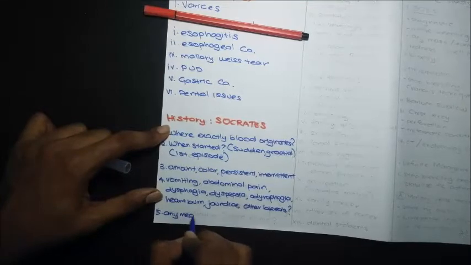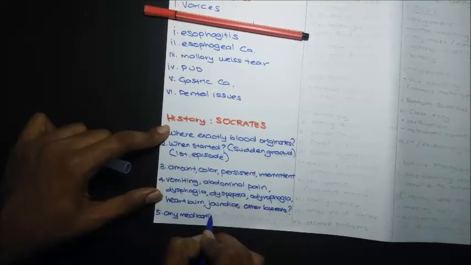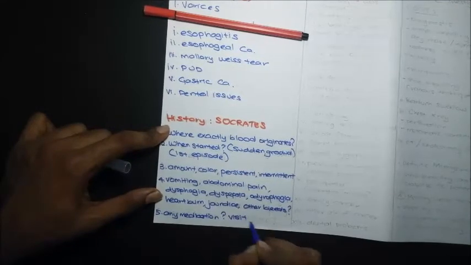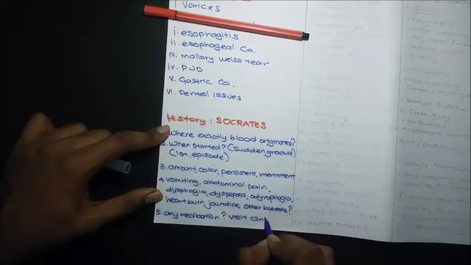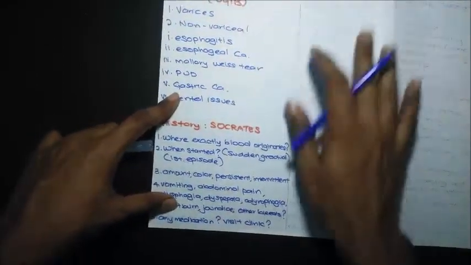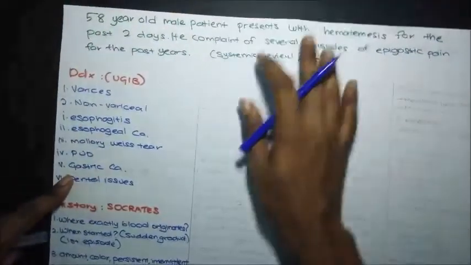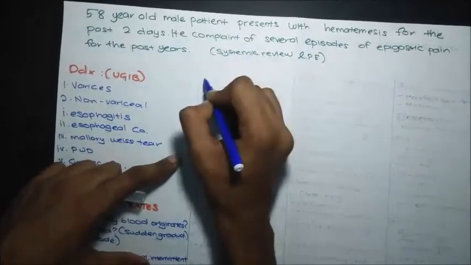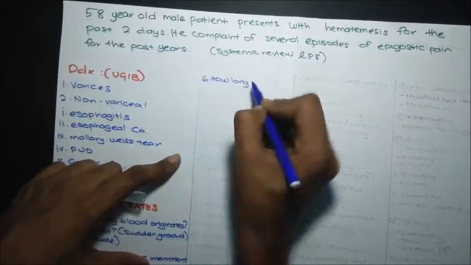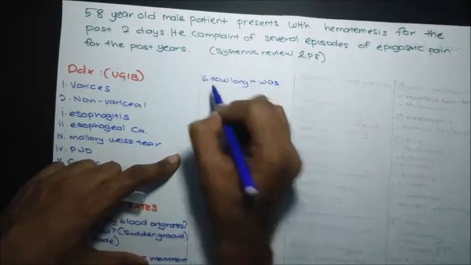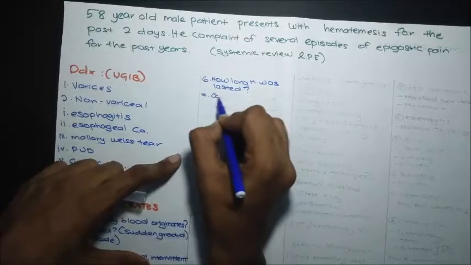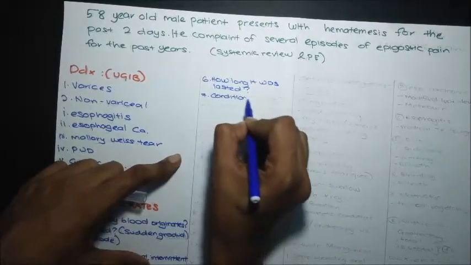This is very important too, because the patient may have bleeding from the lower GI tract, and also maybe from the dental area or the nose. Then we need to ask what he does to control the bleed from the hematemesis. Did he take any medication, or did he visit any clinic?